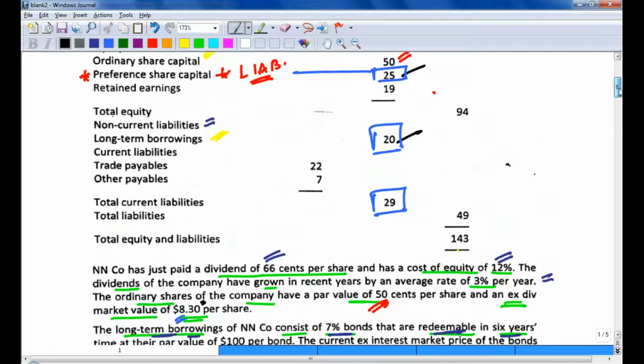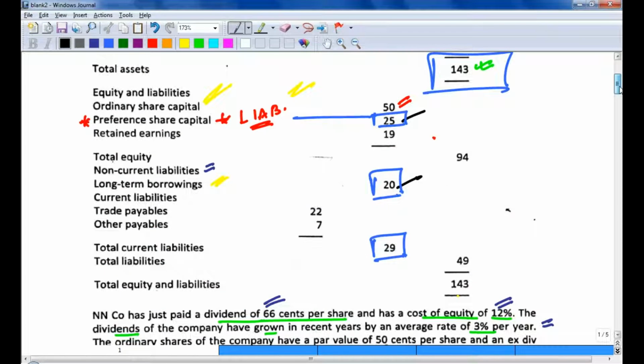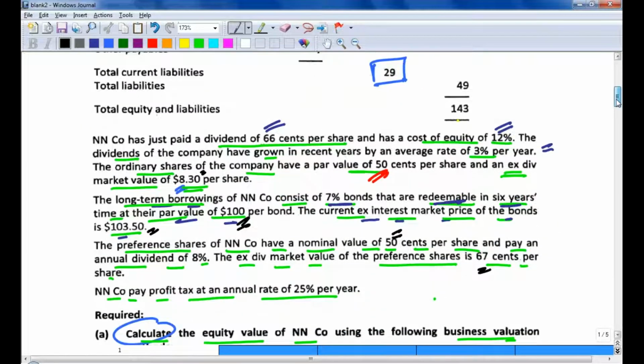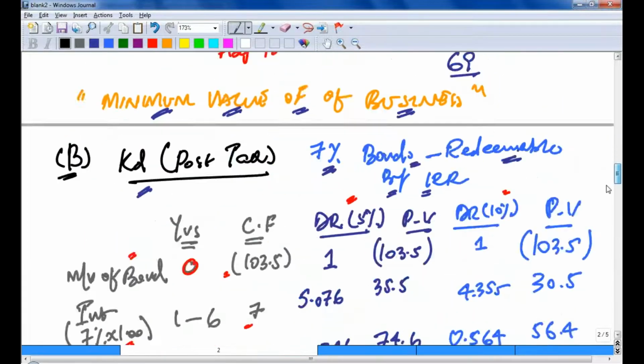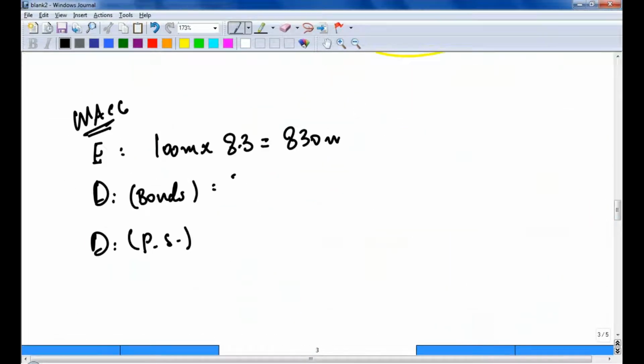Take out these market values. 20 long-term debts, par value 100, market value 103.5: 20 divided by 100 times 103.5 is 20.7.